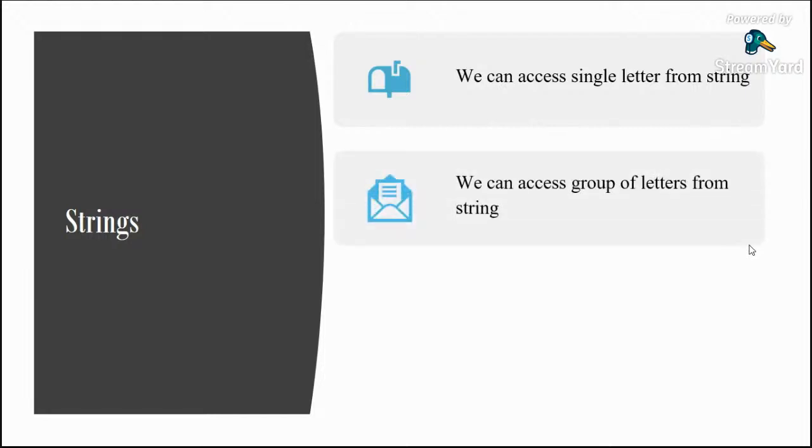Now we can access a group of letters from the string. Earlier in the program we saw how to access a single letter, but from the string we can access a group of letters.